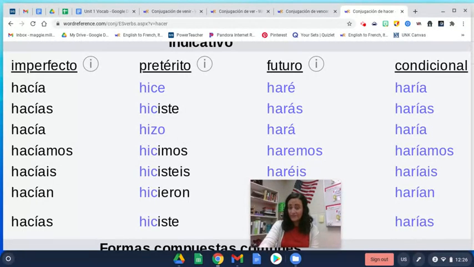Hiko. But our infinitive is hacer, and remember we're trying to maintain that sound from the infinitive verb. Okay, and so we're going to switch out the C for a Z because that allows us to keep the S sound. So we end up with hizo. Okay, and that's the only form we see it in because none of the other vowels create that same problem. Okay, only the O when it follows a C.